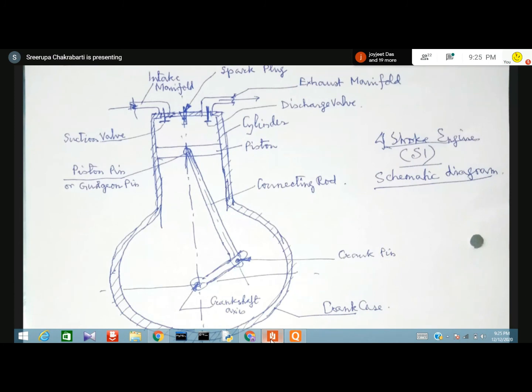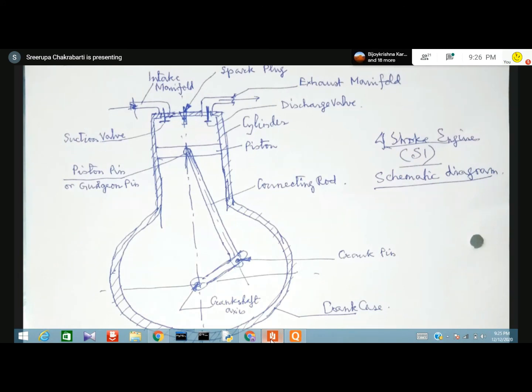1 minus 1 by RC to the power gamma minus 1. That is for the Otto cycle. For the diesel cycle, 1 minus 1 by RC to the power gamma minus 1 into some other factor.